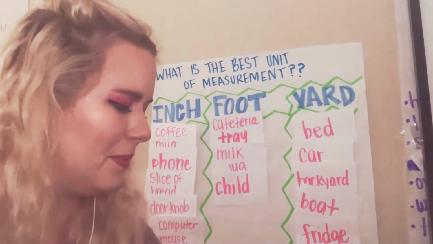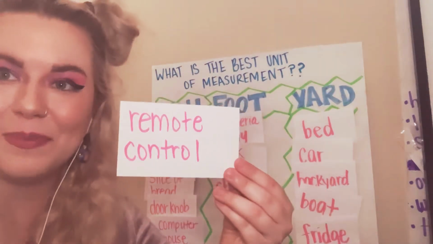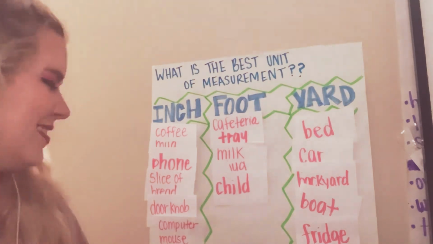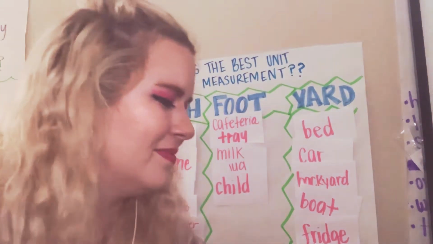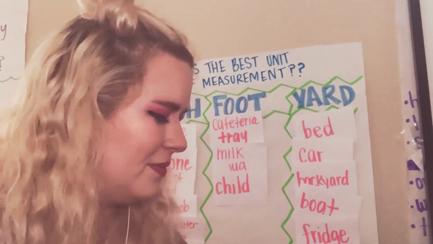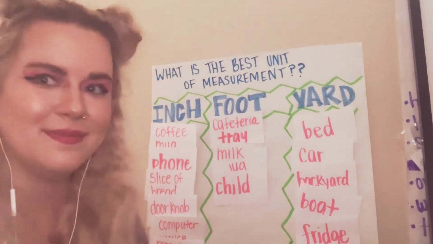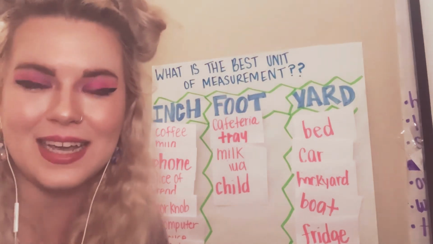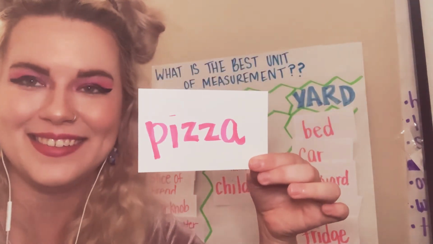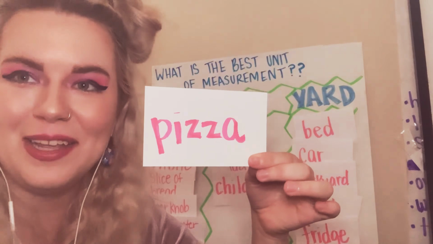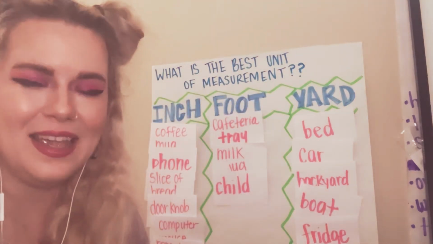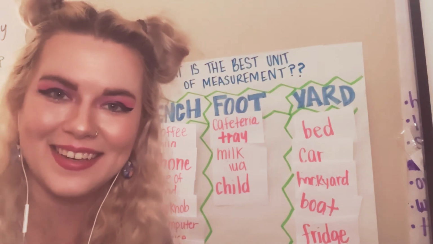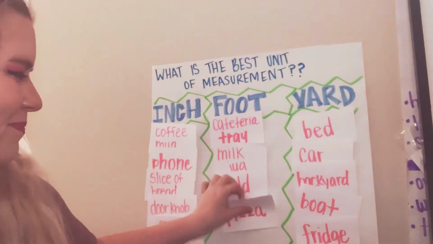That would be probably the easiest. Okay, remote control. Inches. Let's see, one more. If you had the whole pizza and no one had eaten a slice yet, you might use a ruler, okay? But what if you only wanted to do one slice of pizza? Perhaps it would be inches.